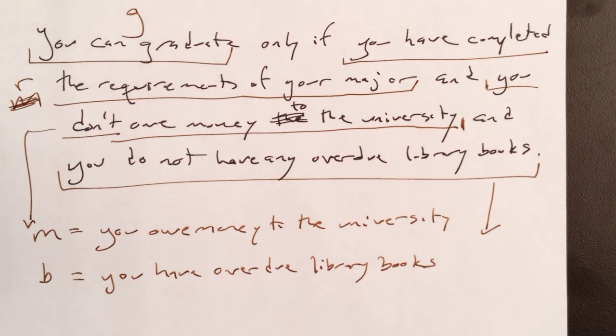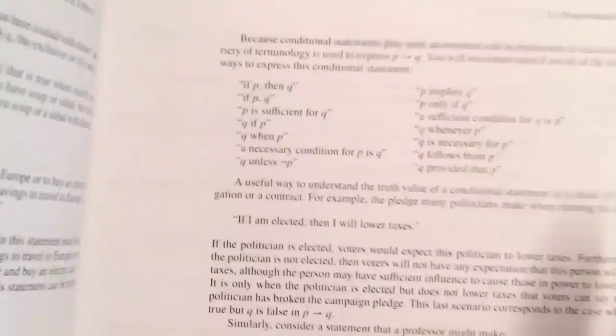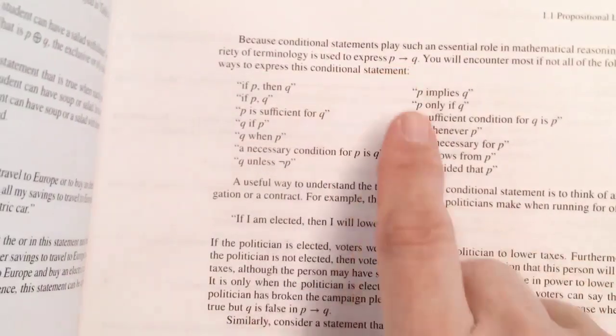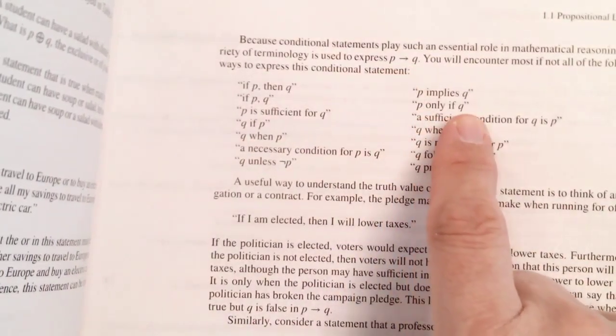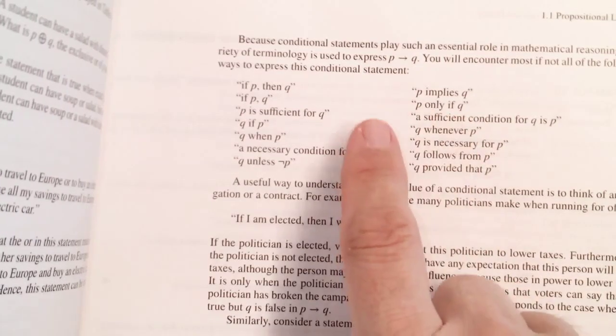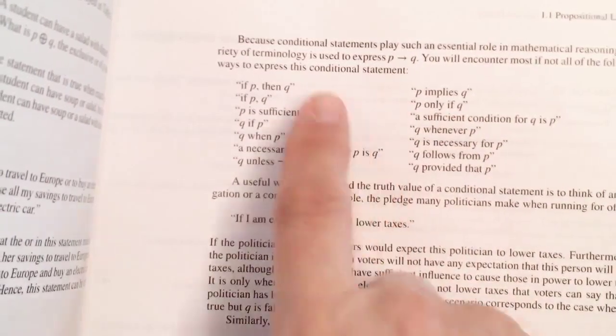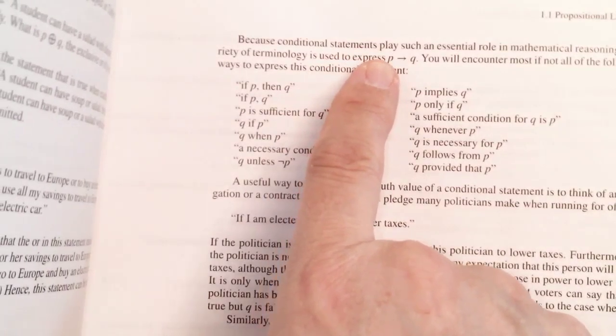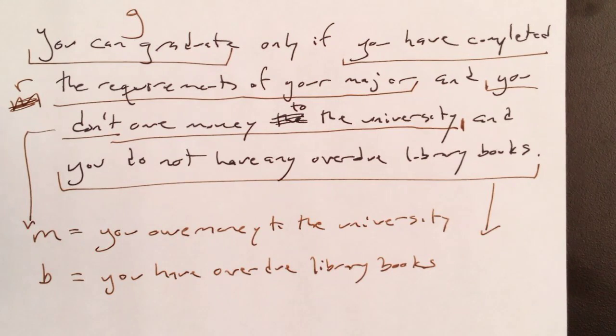Page 7, I believe, in our text, has the giant list of equivalent phrases. P arrow Q, P only if Q. So when I see the phrase only if, the stuff that's before only if is the antecedent, the hypothesis. So we're going to have this start G arrow.